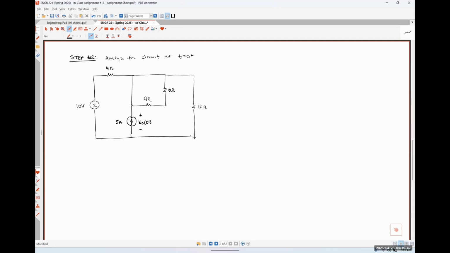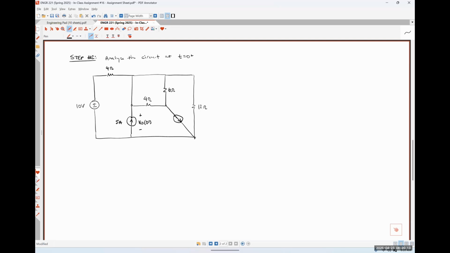You are incorrect. Replace it with a current source, because the current through the inductor is the fixed quantity. Here's my current source. Remember that the direction of the current source has to be the same direction as we defined IL. IL was defined diagonally down and to the right, so our current source is pointing diagonally down and to the right.